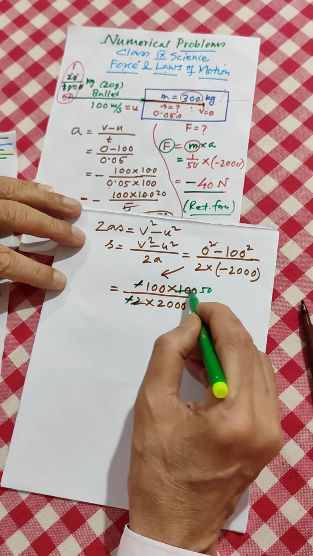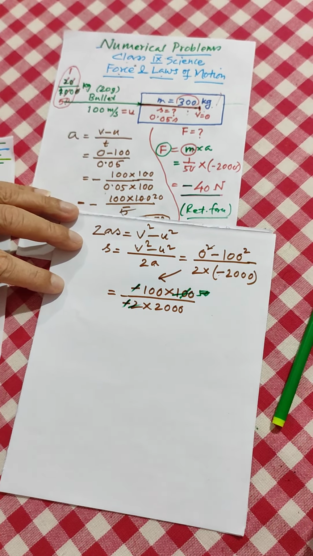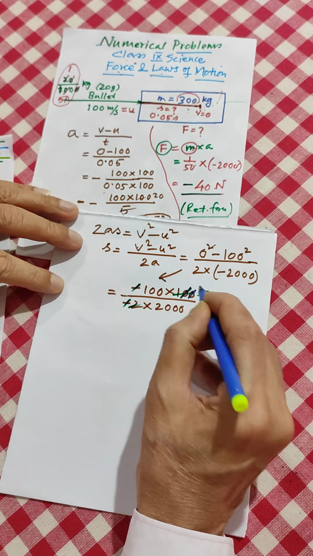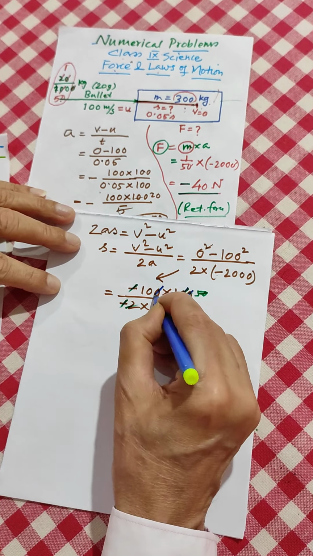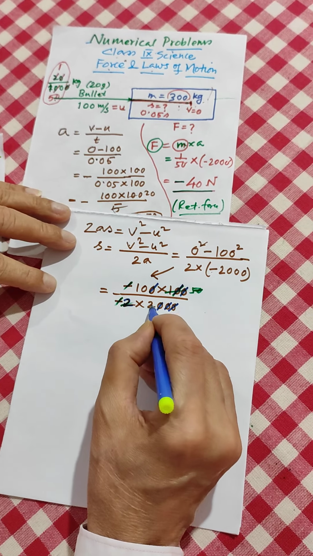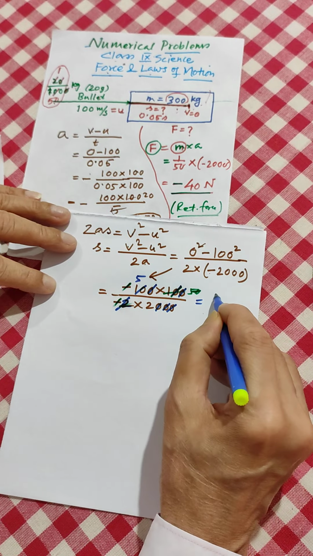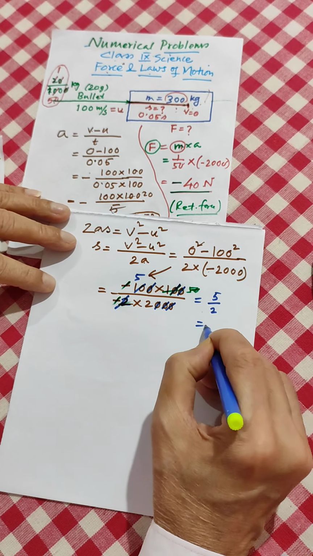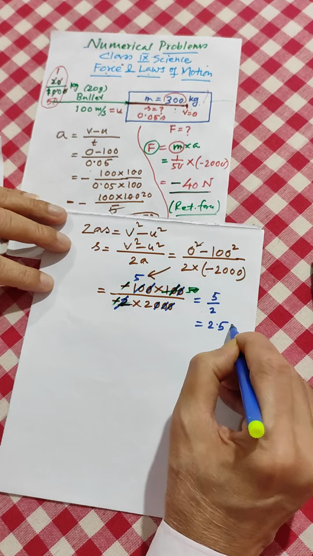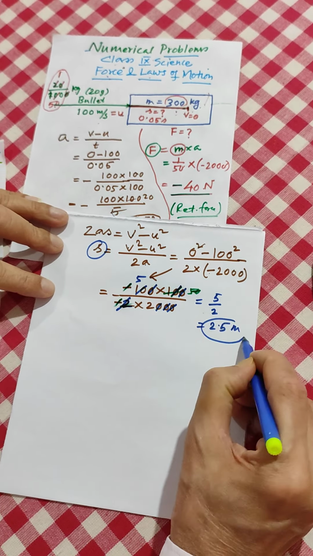Then the zeros cancel, 0, 0 gone, another 0 gone. Now here 2, and this 2 and 10 gone, 5, so you get 5 by 2. 5 by 2 means 2.5 meter. So this is the value of S. So S is 2.5 meter.